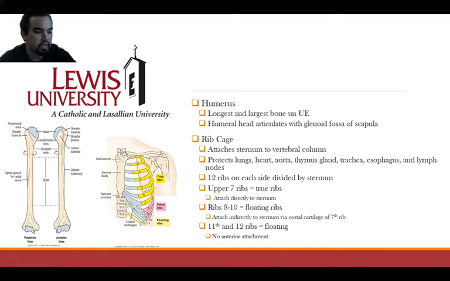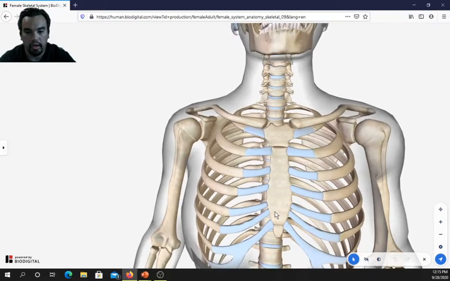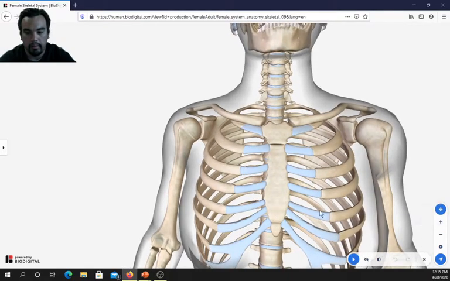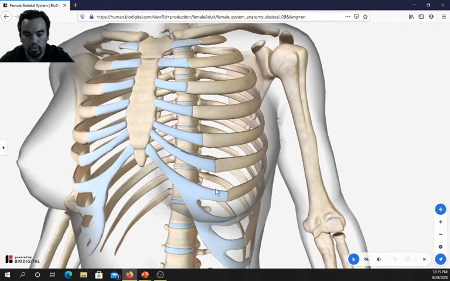So let's take a look again at our woman here. Okay, so we count here. Our 1st, 2nd, 3rd, 4th, 5th, 6th, and 7th are our true ribs, right?